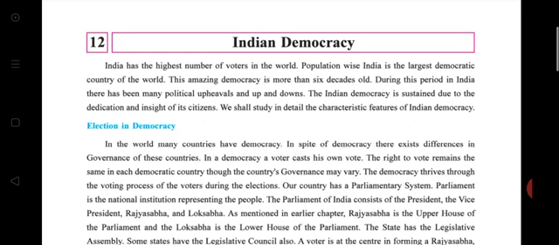Otherwise, for 1 mark questions, short notes, and explanation of the sentence or statement, you have to write all the questions. But in detailed questions, write only what I tell you in today's lecture. Okay? So now we start chapter number 12, Indian Democracy.